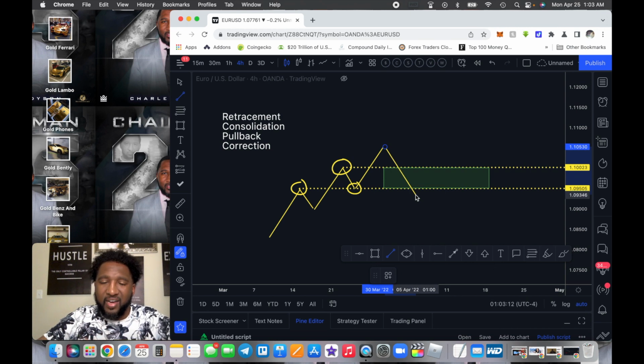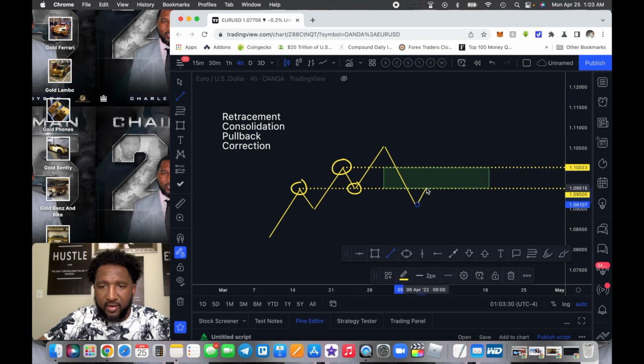Now let's talk about a change in trend. How do we get a change in trend? Well, let's say this market came deep, and then retraced and hit this area that was support and created resistance.